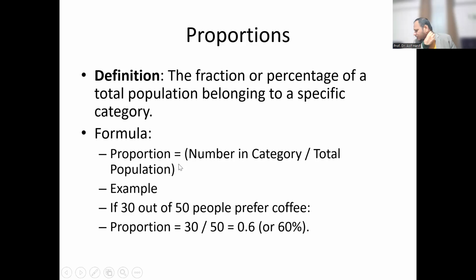For example, if I want to know the proportion of males in our community, I should know the number of males and the total number of population. When I divide, there will be a number that is called proportion. If 30 out of 50 people prefer coffee, the proportion is 60% or 0.6.